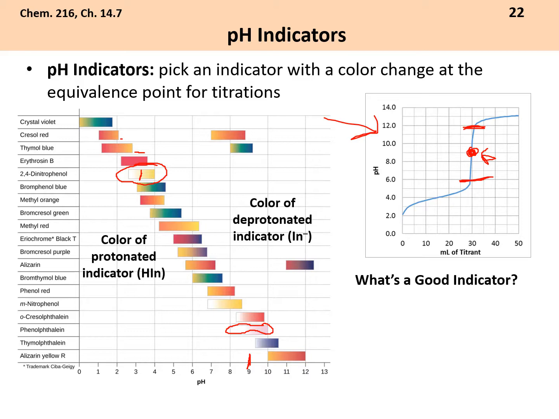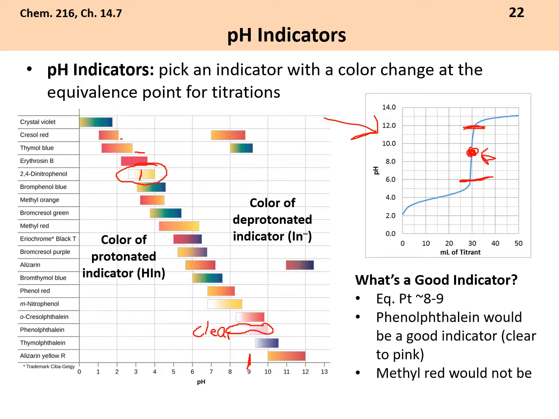It would go from clear, notice this shows it as white, but that's really clear, to pink at this titration. So it starts off clear, and it gets more and more pink as we go along.